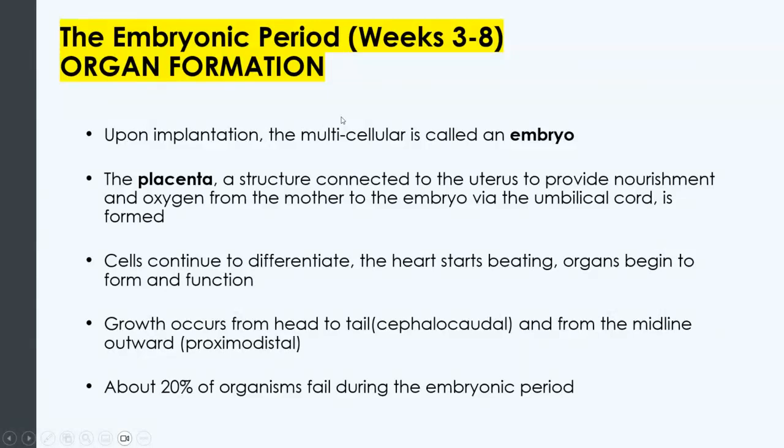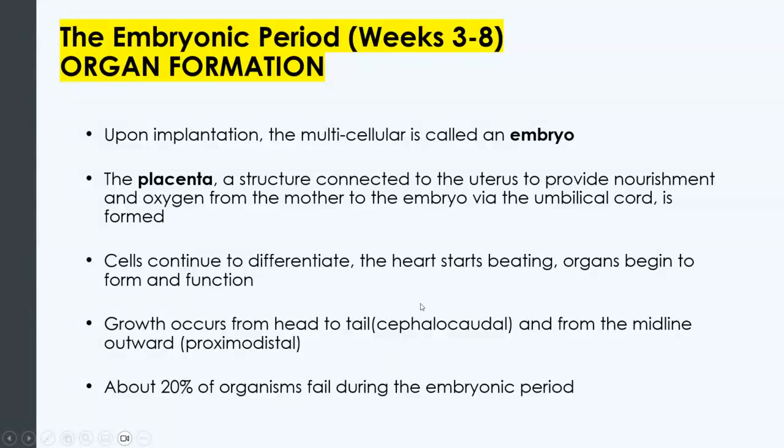This is where we need to know, look at all the stuff that's happening here, right? Cells begin to differentiate. Systems and organ systems begin to form. Heart, neural tube development. And the neural tube eventually becomes the brain and the spinal cord.